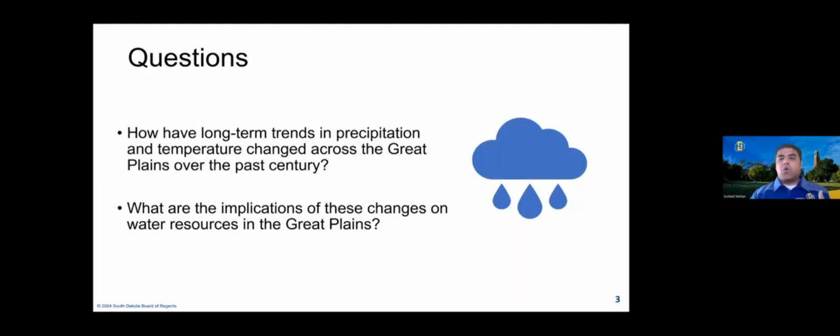This has included more frequent and intense precipitation events in some areas, along with longer dry periods in other areas. However, the question here is, how have long-term trends in precipitation and temperature changed across the Great Plains over the past century? And with these shifts in temperature and precipitation, there are a lot of implications.